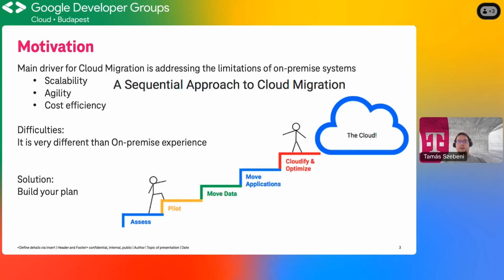For motivation, what is the motivation to have a landing zone? Actually, the main driver for it could be addressing some of the limitations of on-premise systems companies are usually facing. For on-prem systems, they have a limited set of resources, a very opinionated setup. There are vendor lock-ins, vendor-specific solutions, and this limits their growth and business continuity.